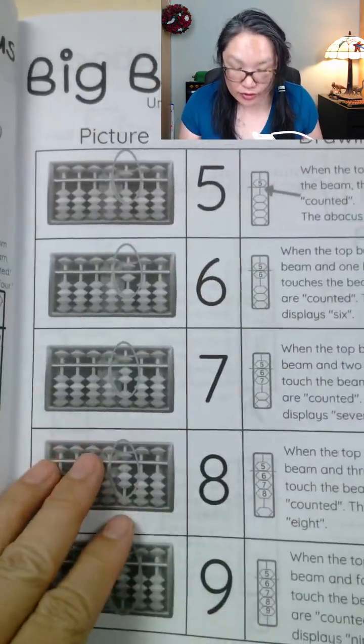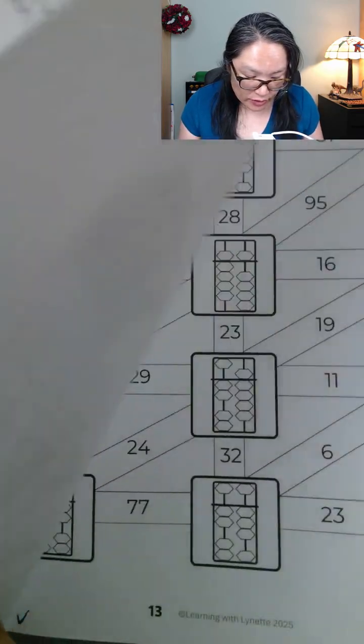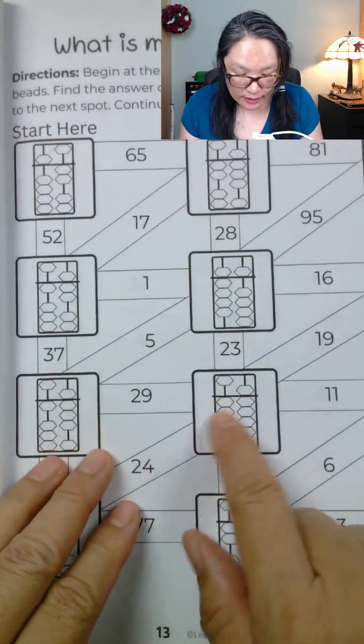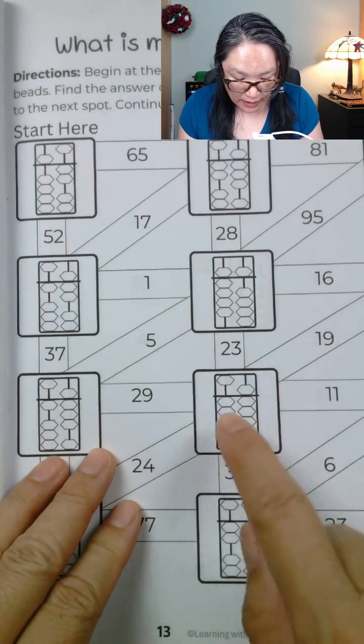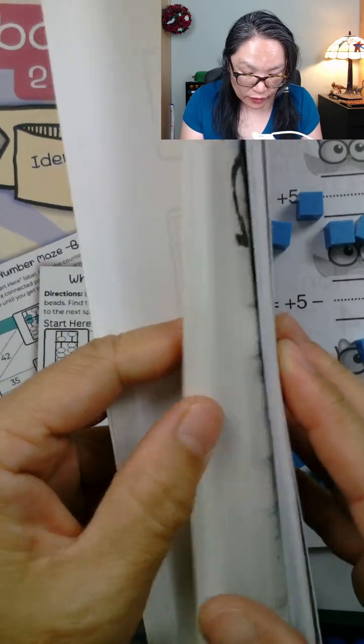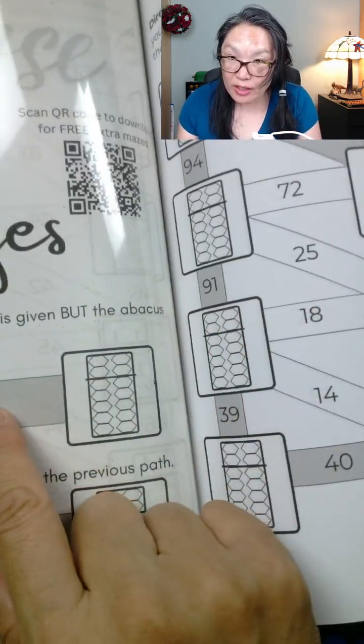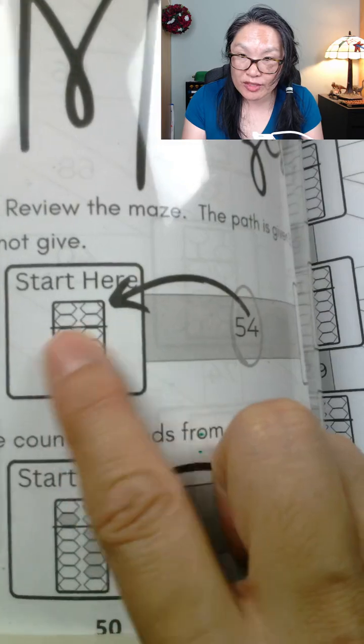So here I give you instructions on what the numbers read, and then after that you go into understanding how to read it. And this one is the reverse maze, where I give you the number, and you're supposed to color it in.